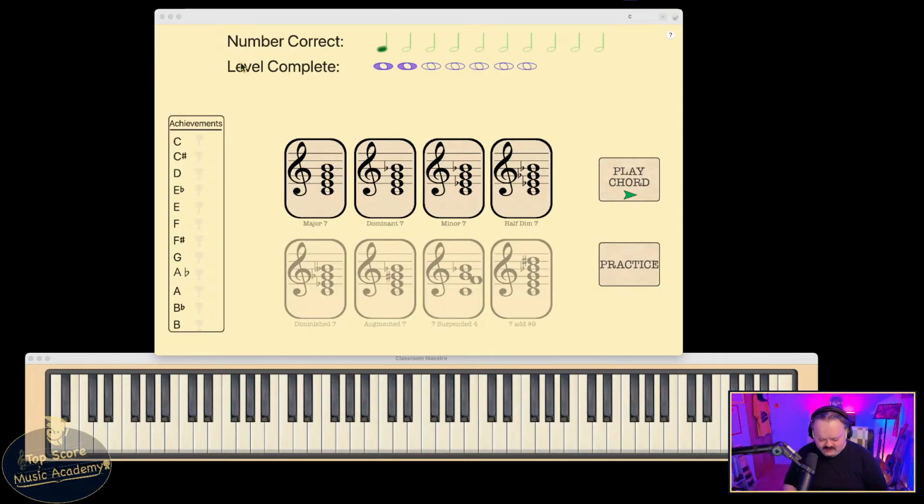And then later on, there's the half diminished 7th chord, which I completely butchered.